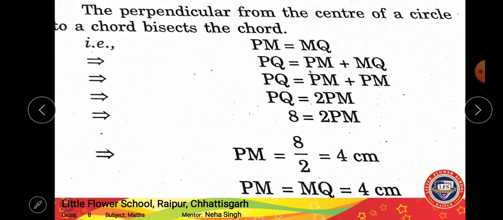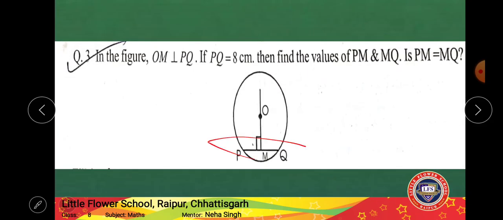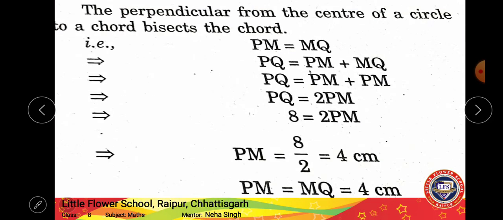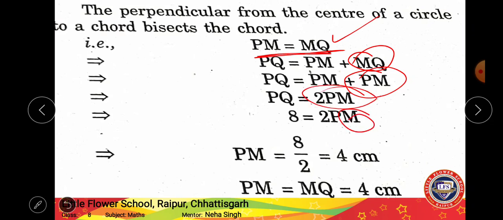PQ will be PM plus MQ. If we are considering this whole chord, PQ will be equal to PM plus MQ, right? PQ is given as 8. Since PM equals MQ, instead of MQ I can write PM, because they are both equal. So PQ will be 2 PM, which means PM is 8 by 2, that is 4 centimeter.